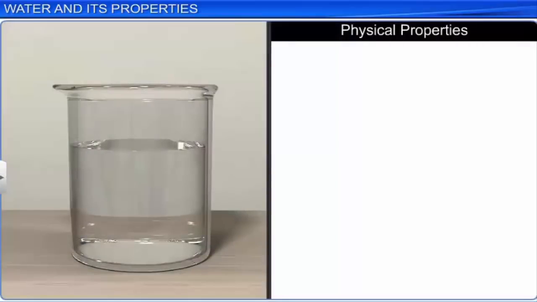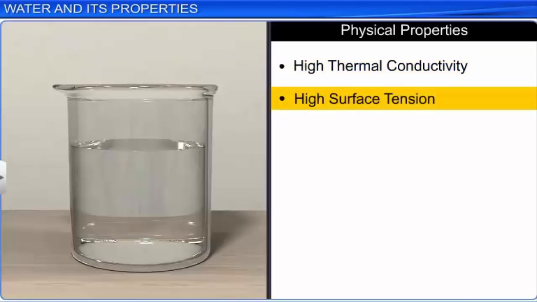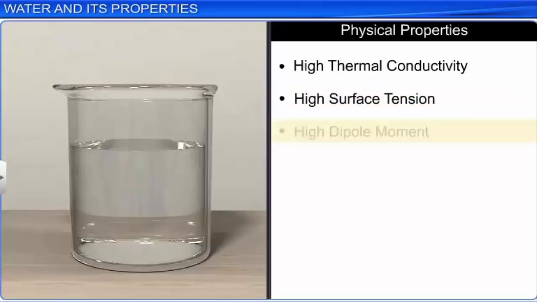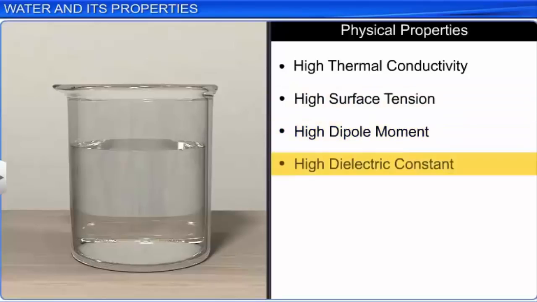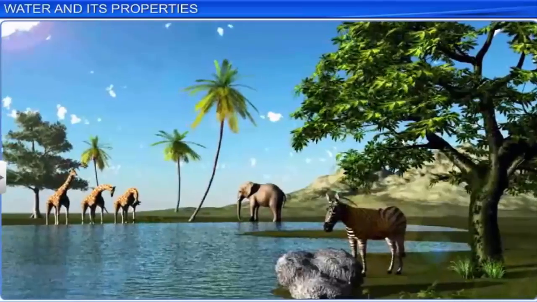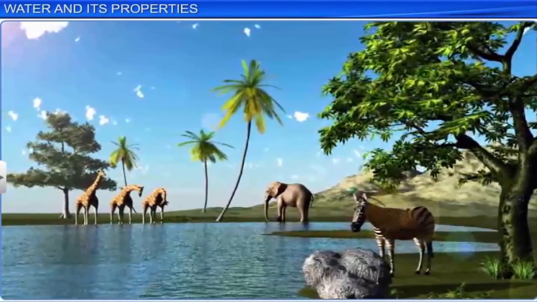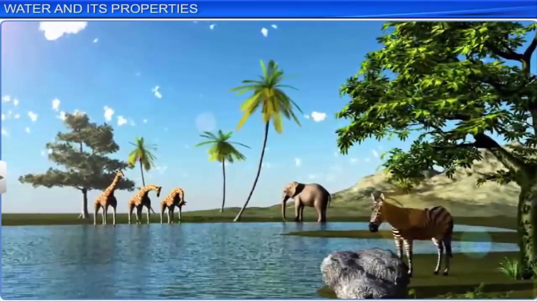In comparison to other liquids, water has high thermal conductivity, surface tension, dipole moment, and dielectric constant respectively. And also, it has the highest specific heat. These properties allow water to play a key role in the biosphere.